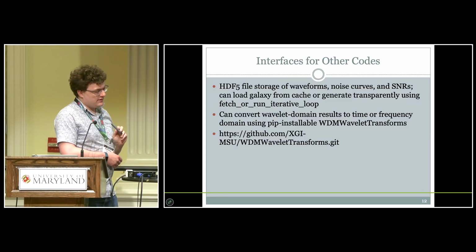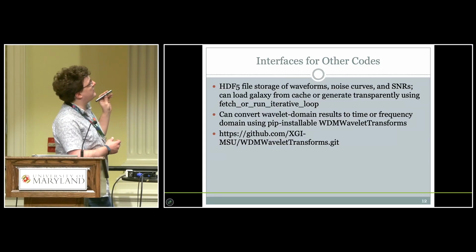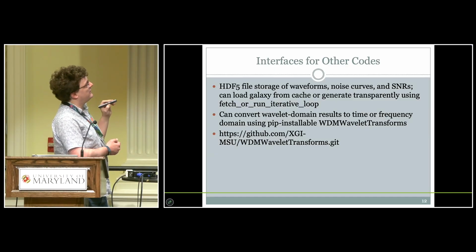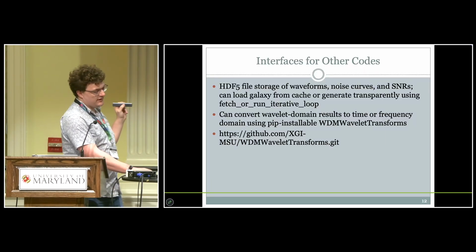The other thing is it can have interfaces for other codes. It has, like I said, the HDF5 files with a specified interface for traceability, and it can convert between different things.